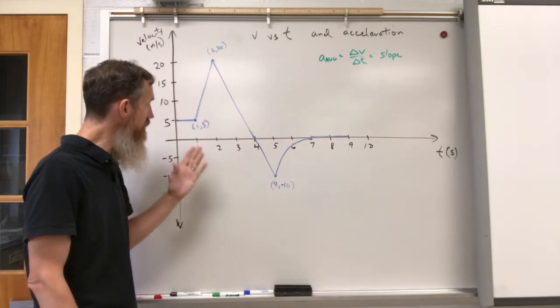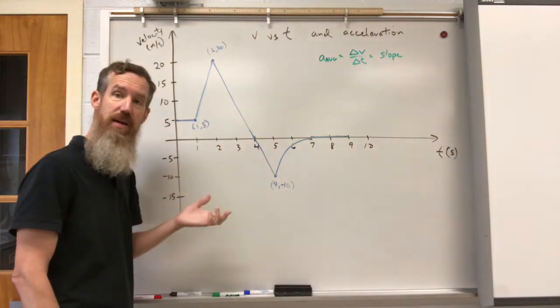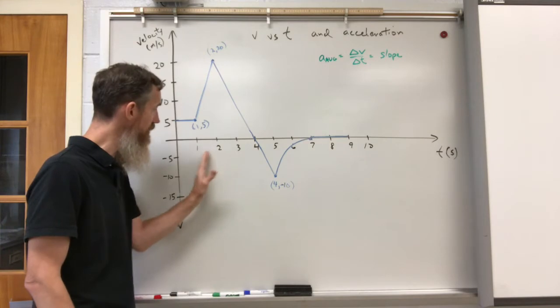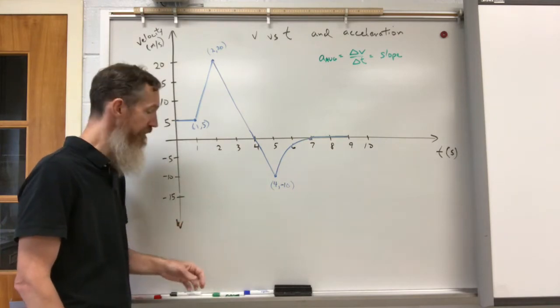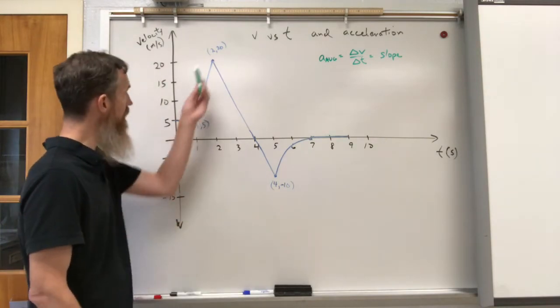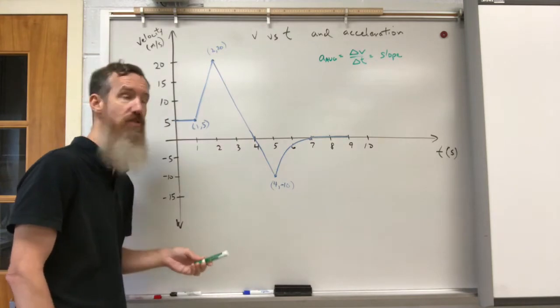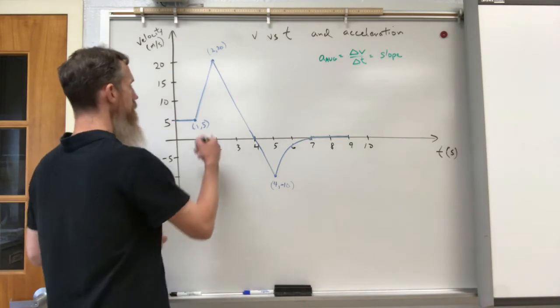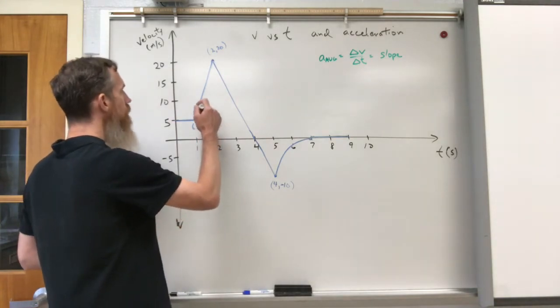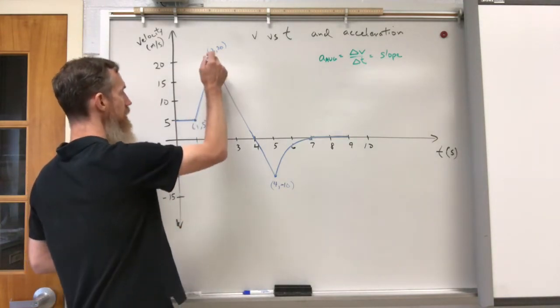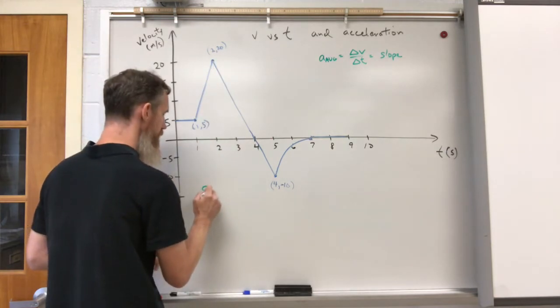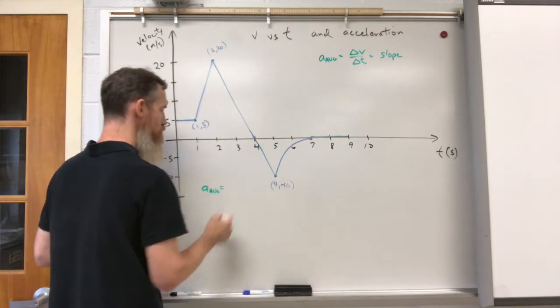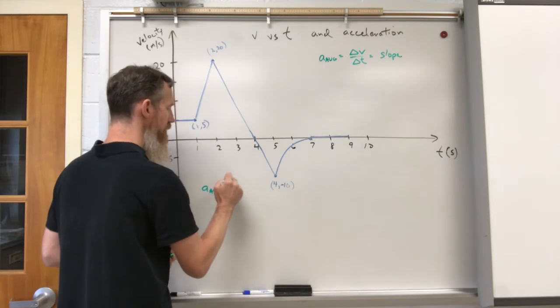And we can now, because of that, find the acceleration during that 1 to 2 second time span. Because if we read the graph and get the points, we know average acceleration is change in velocity over change in time. So we change from 5 to 20. So we end up at 20 meters a second.